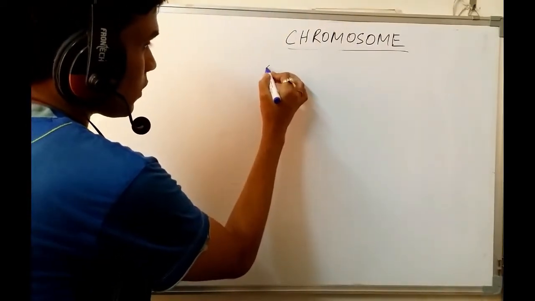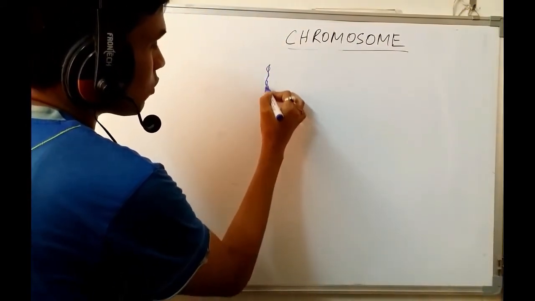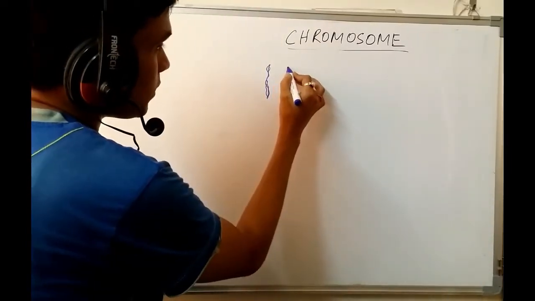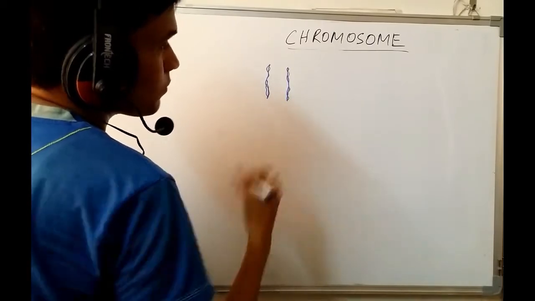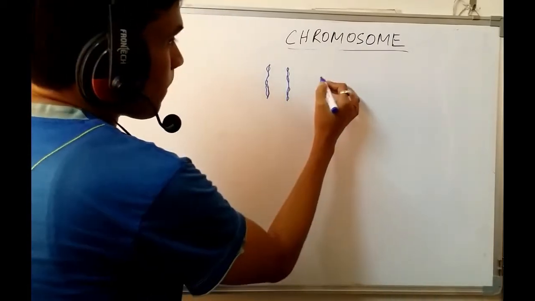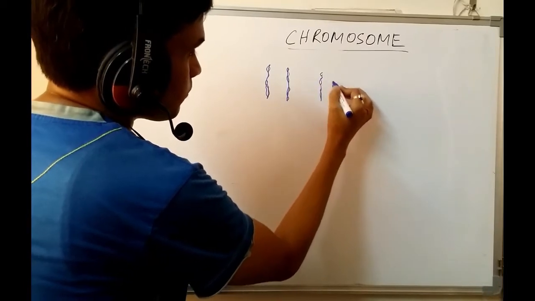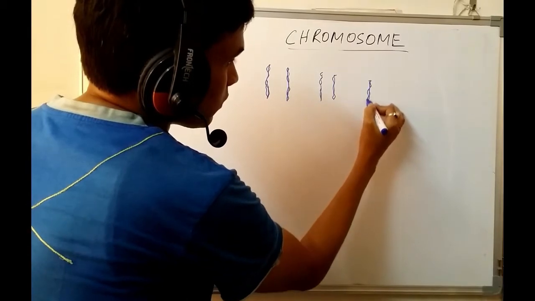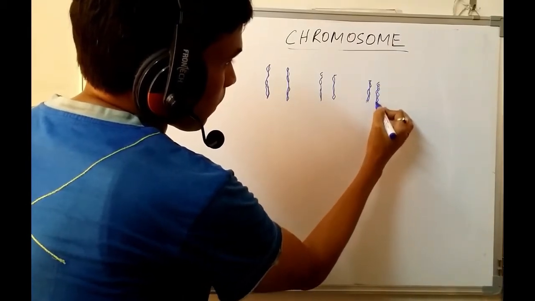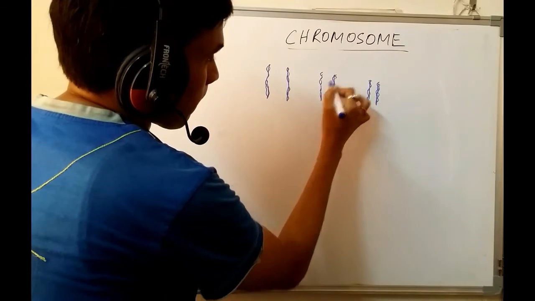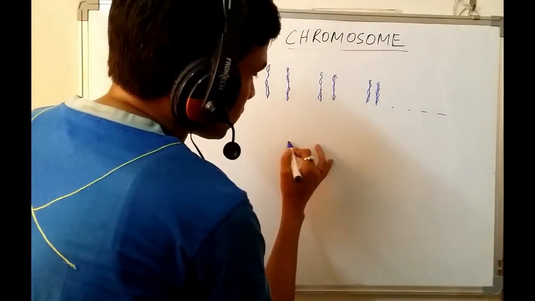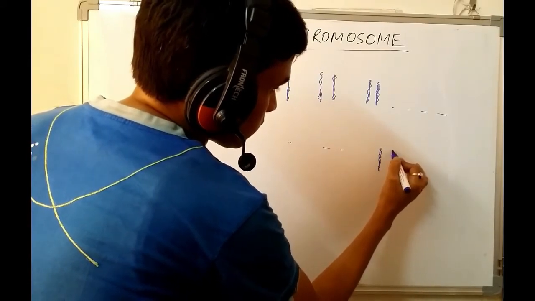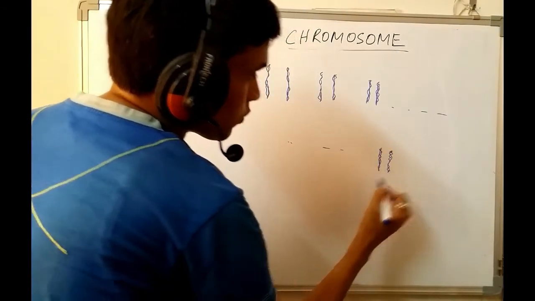Suppose this is chromosome 1. So, one pair of chromosomes 1 means this is another chromosome 1. Now this is chromosome 2, this is another chromosome 2. Now this is chromosome 3, this is another chromosome 3. In this manner, this is chromosome 21, and this is chromosome 22, and this is another chromosome 22.